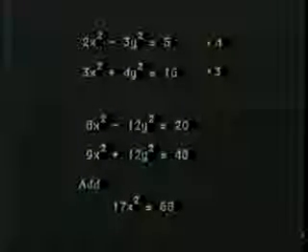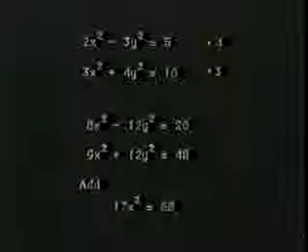So to remove the y squared terms, I want to add. The y squared terms disappear. I solve for x and find exactly what we found before, positive and negative 2.